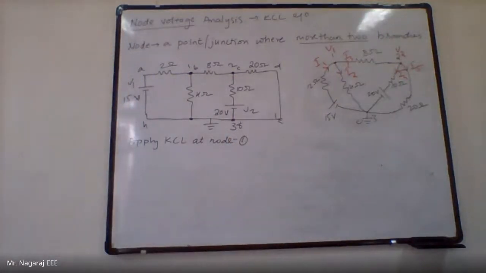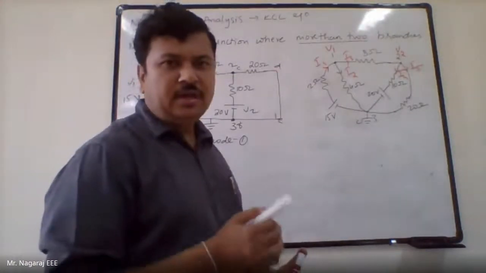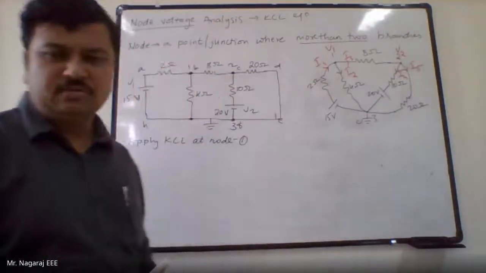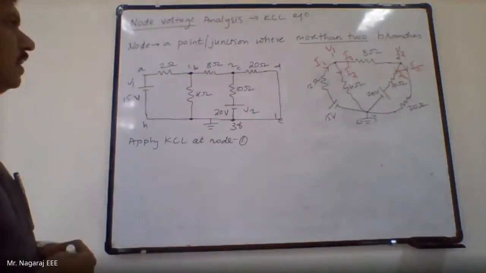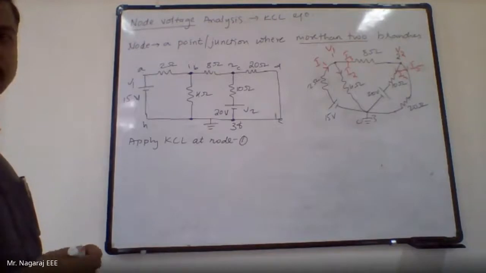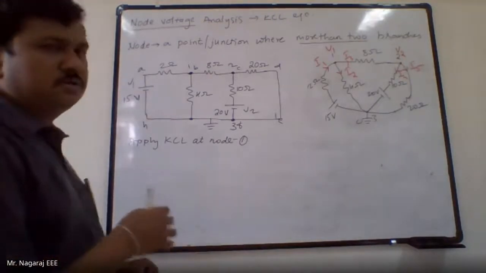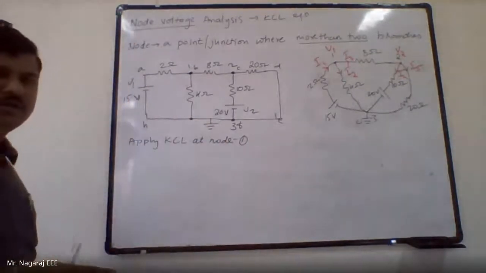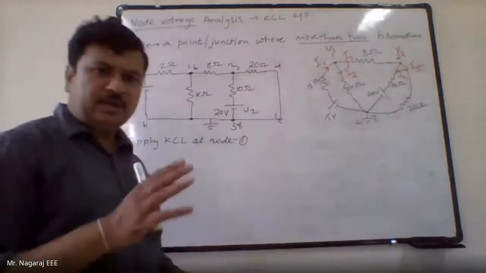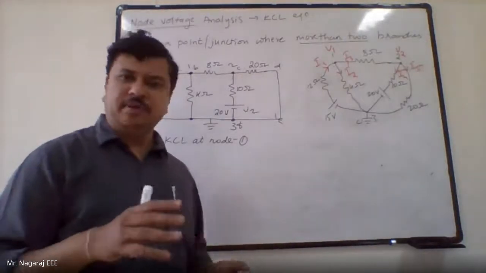Before that, if you want to conventionalize the current, incoming current at a node is positive, outgoing current at the node is negative. This is my convention throughout. Anytime I have to apply KCL to any node, I will consider the incoming current at that node to be positive and the outgoing current to be negative.